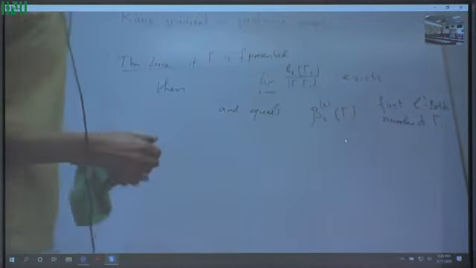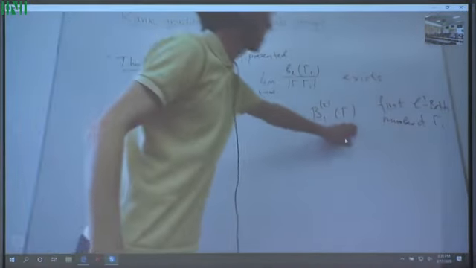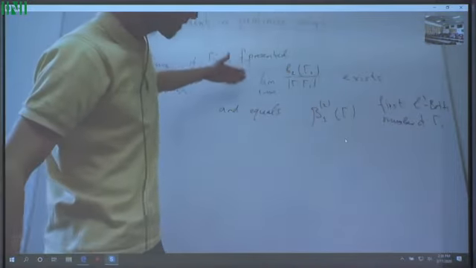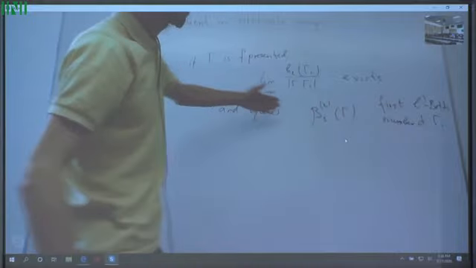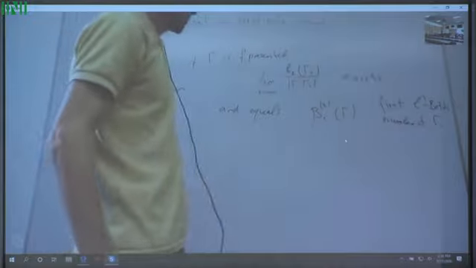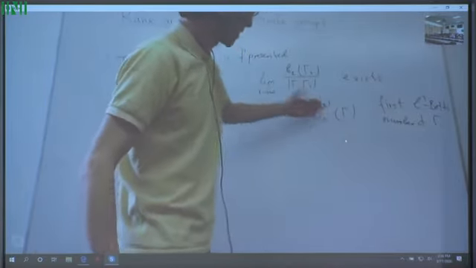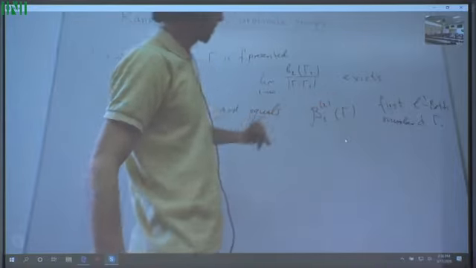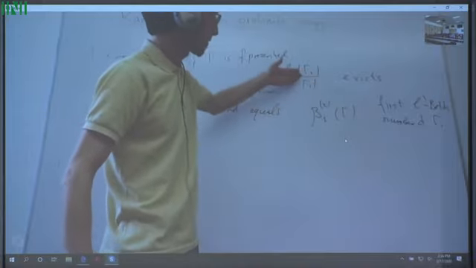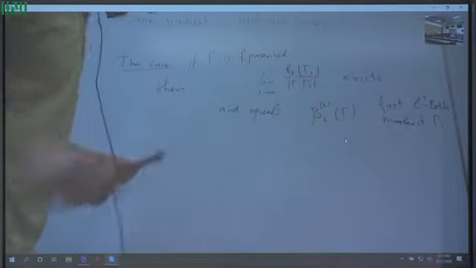In short, this is the dimension of the first L2 cohomology group of Gamma, and I don't want to define it here, but for the purpose of this talk, we can take this to be the definition of this limit. In particular, this shows that the limit, if you accept that it's equal to some invariant which only depends on the group, does not depend on the choice of the chain Gamma_i. It only depends on Gamma.